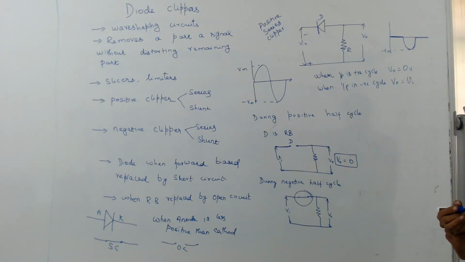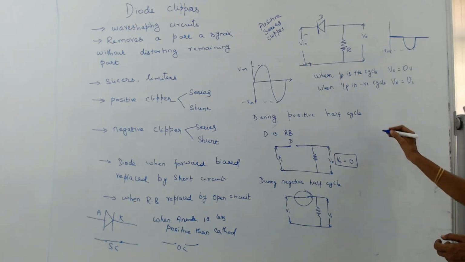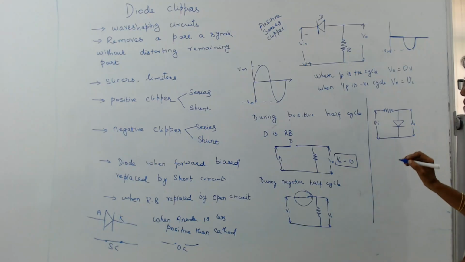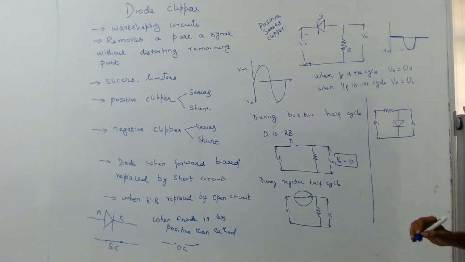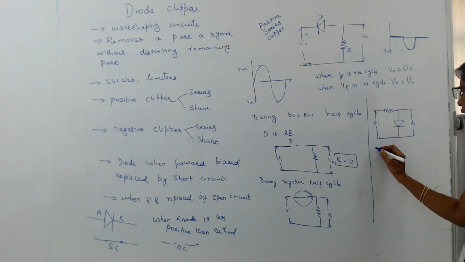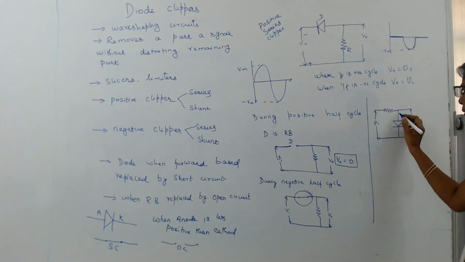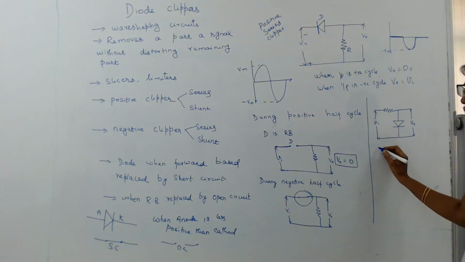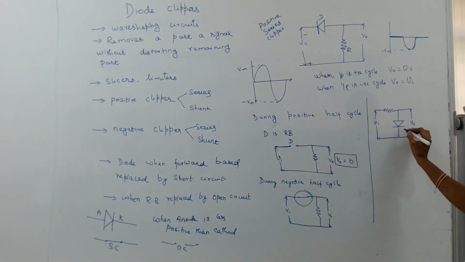The same circuit can also be redrawn with the diode in parallel with the load. What will be the operation of the circuit during the positive and negative half cycles? During the positive half cycle, when the anode is more positive than the cathode, the diode is closed circuit.